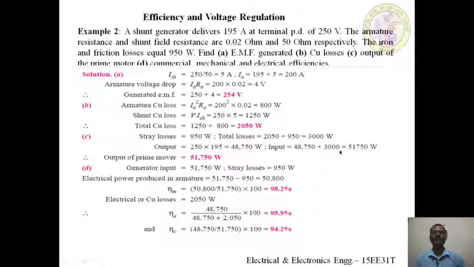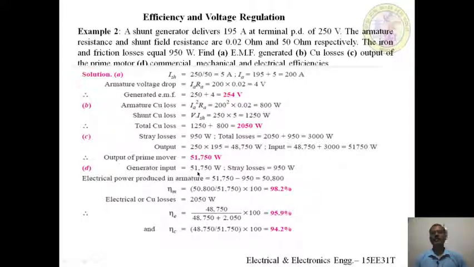Output we calculated, total losses we calculated, so it is 51,750 watt. This is the output of the prime mover, that is the input to the generator. Right? So generator input is the output of the prime mover, 51,750.